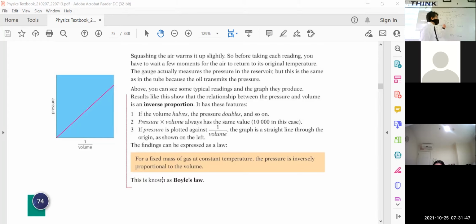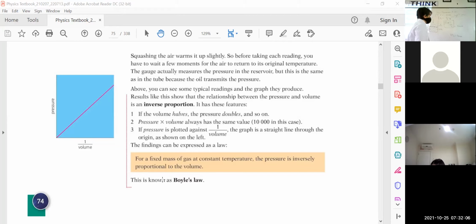The pressure will get halved. Whatever the initial pressure is, it gets halved. So that is the relation between pressure and volume. When one factor increases, the other factor decreases.